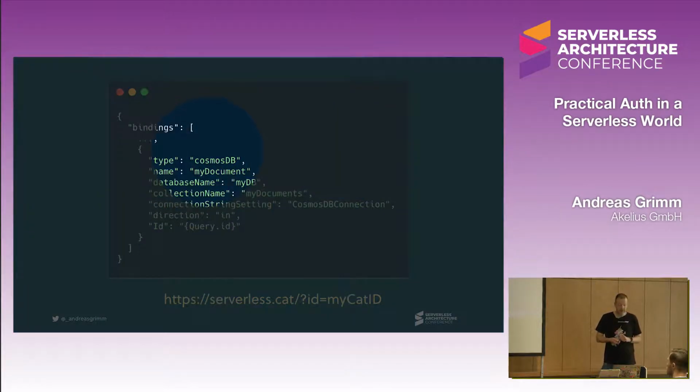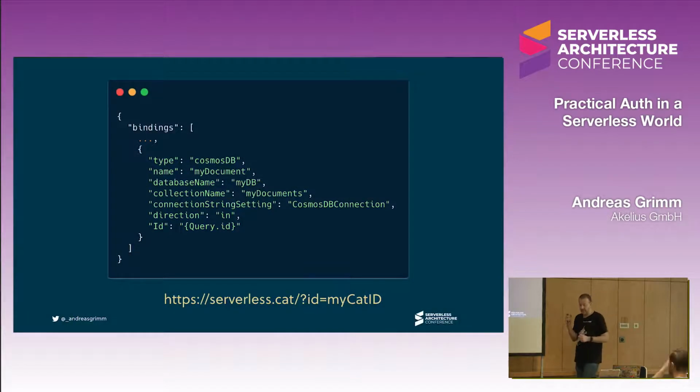for example, from Cosmos DB, which is this managed database, where you say, hey, there is an ID in the query string, and with that binding you say, okay, please, before my code runs, Azure environment, please call the database, get this document out of the database, and just give it into my function already, just as a JSON or a JavaScript object.